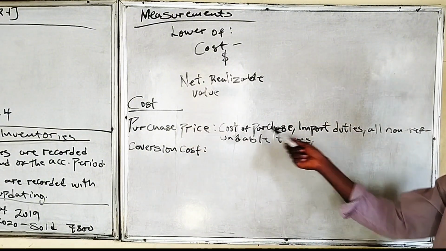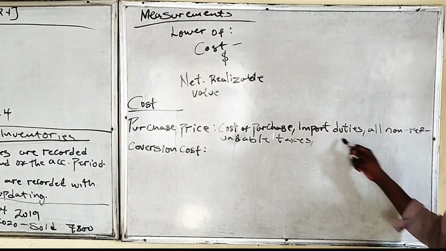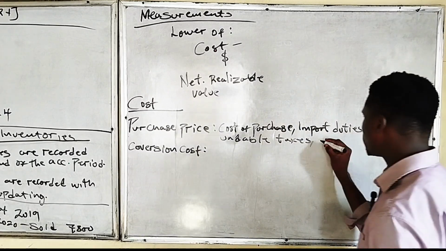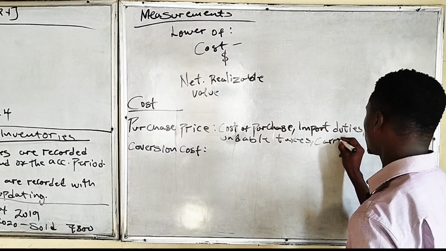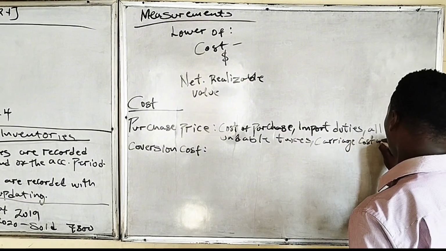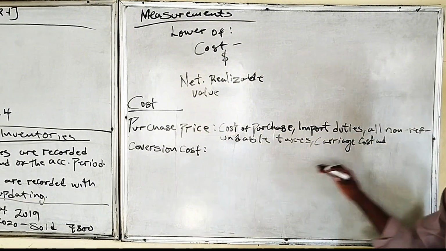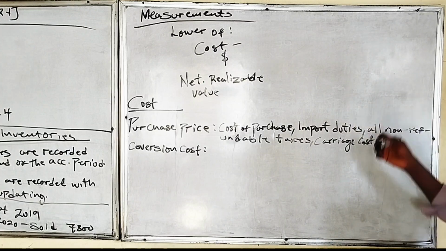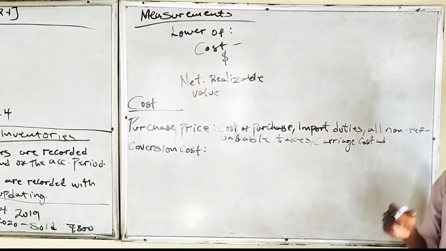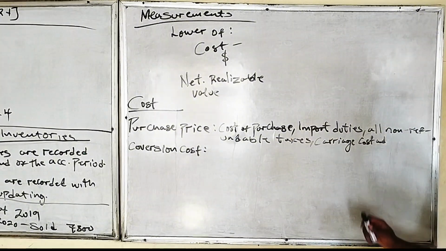Purchase price includes the cost of purchasing this inventory, the import duties, all non-refundable taxes, carriage costs, and every other cost that may be incurred in bringing this asset to its primary place of use. So that's for purchase price.